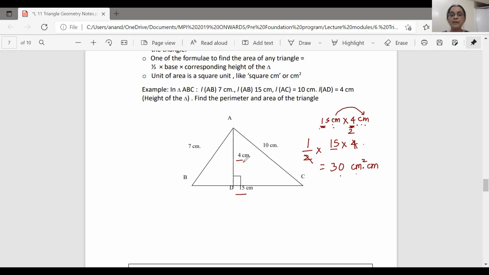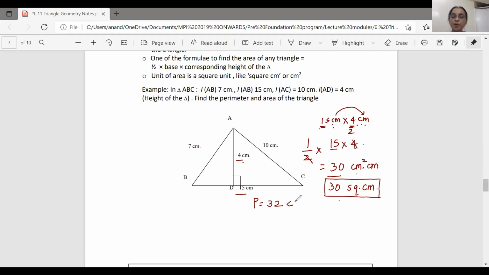And centimeter multiplied by centimeter is called a centimeter square, or it is also written as square centimeter. But area will always be in square units and perimeter will always be in linear units. So the area of this triangle ABC is 30 square centimeter and its perimeter is 32 centimeters.